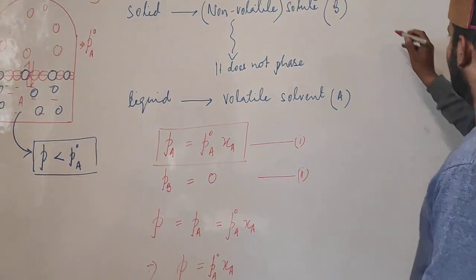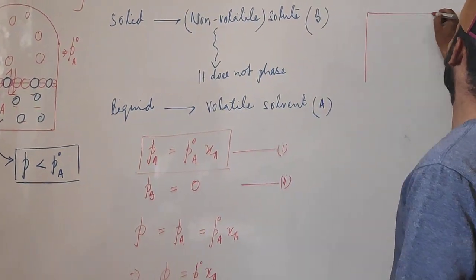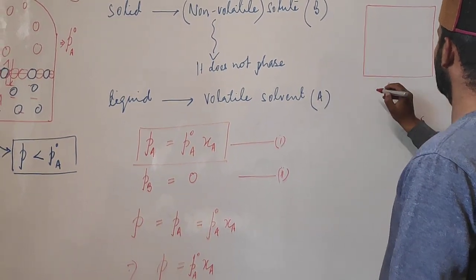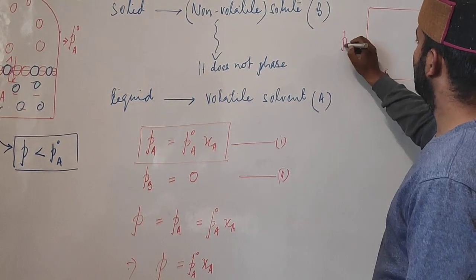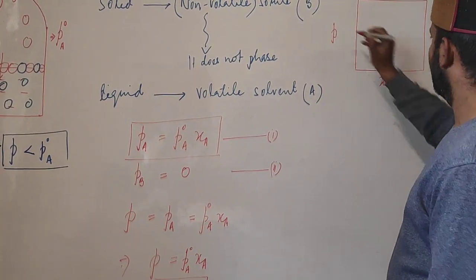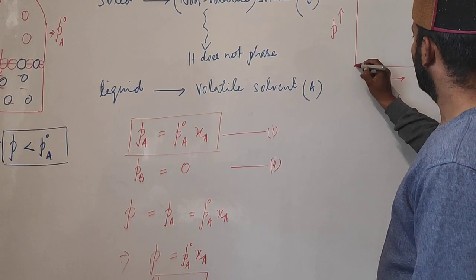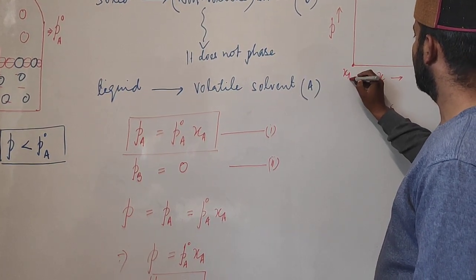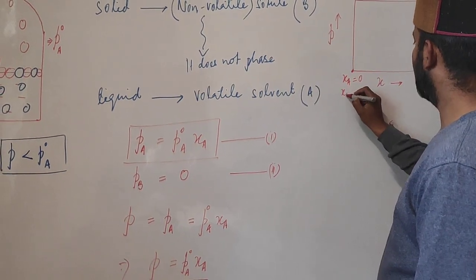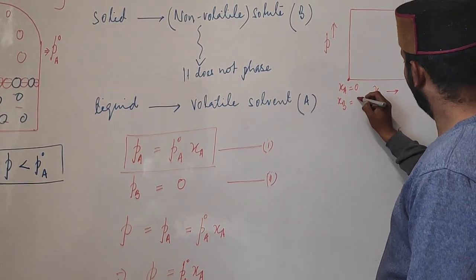When we plot this graphically, we are plotting mole fraction against the vapor pressure P. At this point we have XA, say, 0 and XB 1.